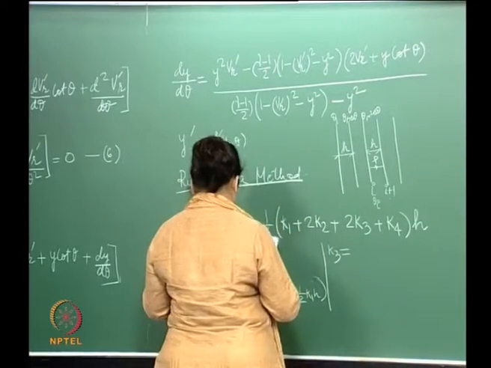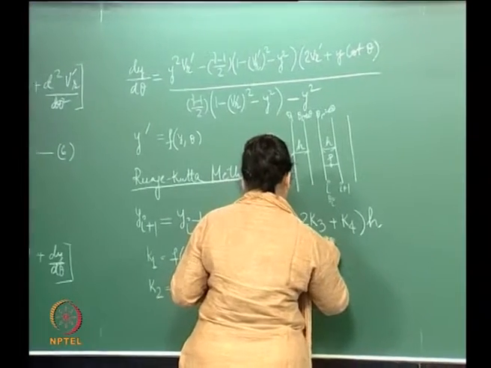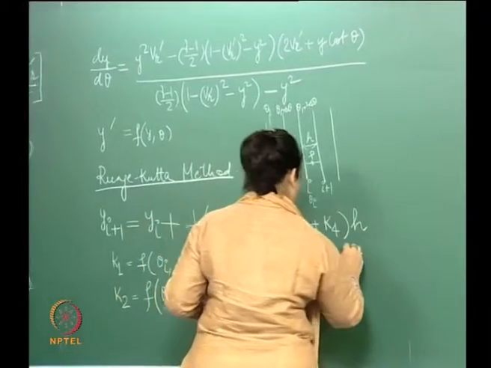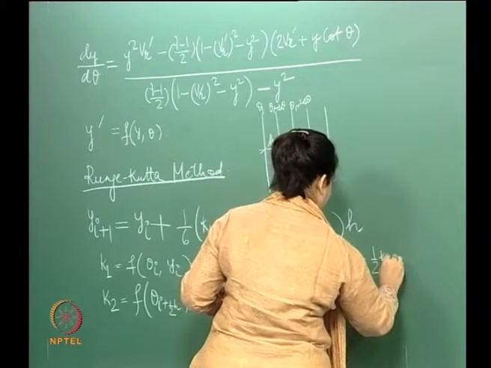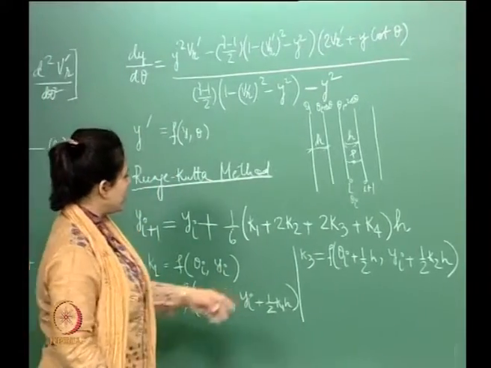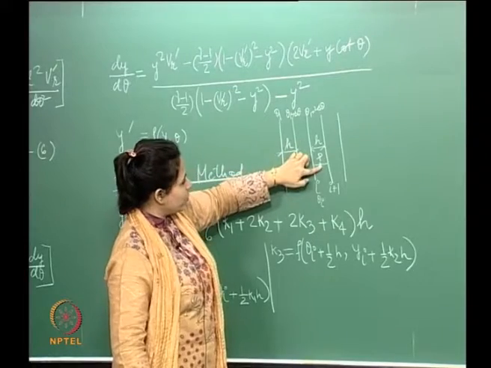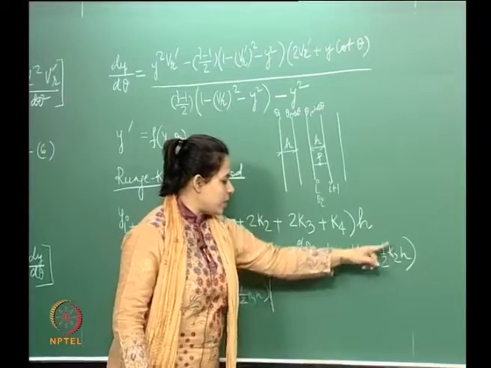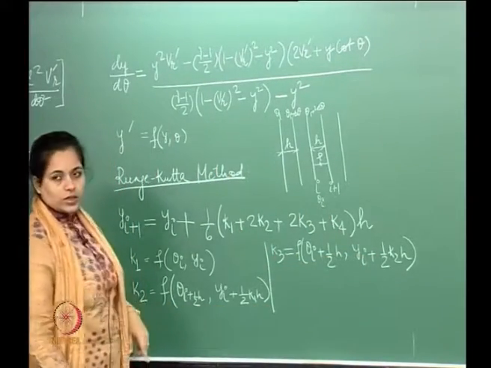K3 is equal to... okay. So, similarly, k3 is again theta i plus half h, which is here, but the y part is y i plus half of k2 into h.